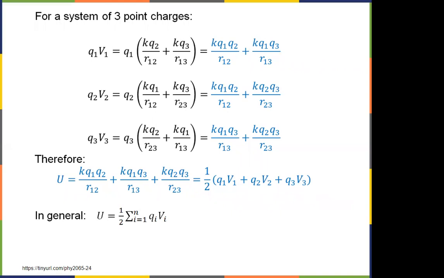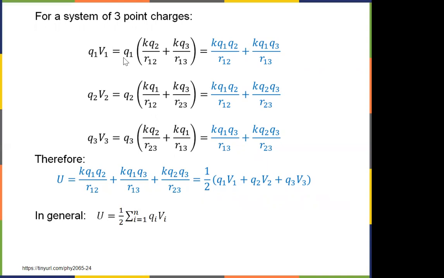Now also think about the system of three charges in space close to each other. Q1 times V1 is the electric potential energy on Q1.